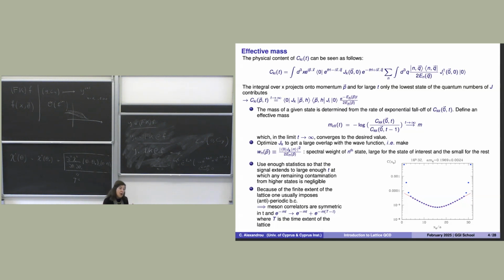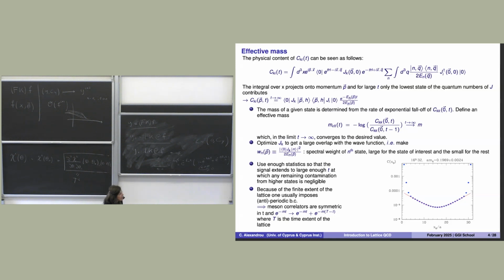So how quickly I approach this asymptotic limit depends on my interpolating operator. This is extremely important in realistic calculations, as we will see in a minute. It's important to construct good interpolating operators and optimize them so that I maximize the overlap with the wave function of the state I'm looking for, because then I approach the asymptotic limit faster. I will tell you how we do this in a minute.